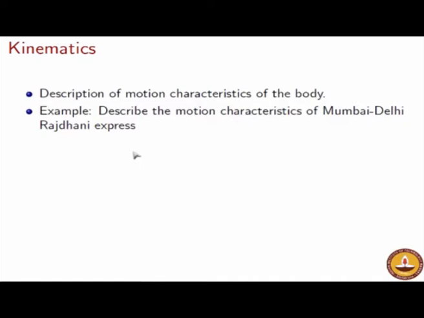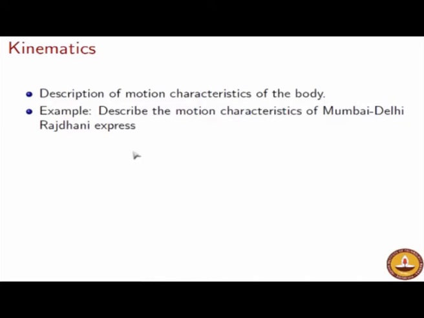That is a description of motion characteristics, but it is a layman's description, not one that is desirable from an engineer, because of what it lacks. This description in terms of its timetable lacks the information about what happens between two stations.